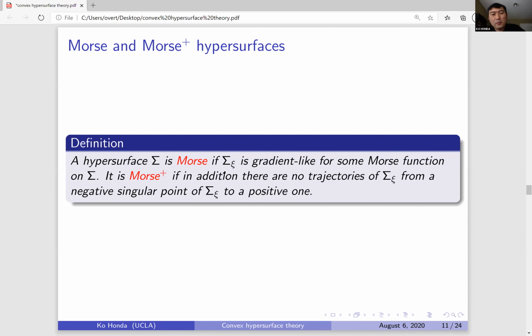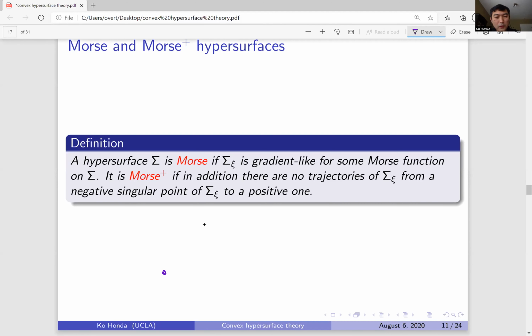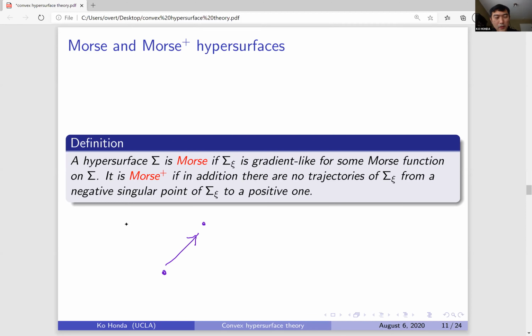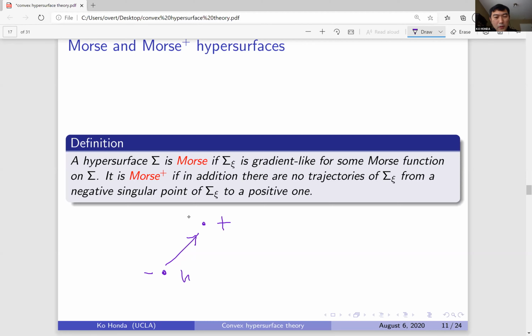If you have something that's gradient-like, you can perturb it so that there are no trajectories from a negative singular point to a positive one. And the thing that's really in question is if you have a negative singular point to a positive singular point and they both have index n.